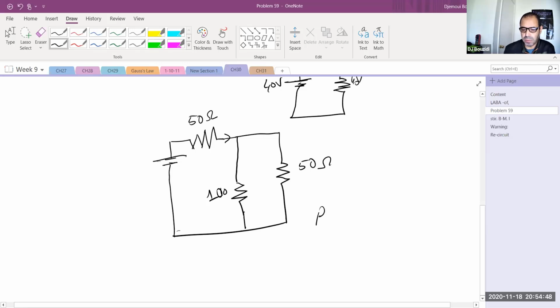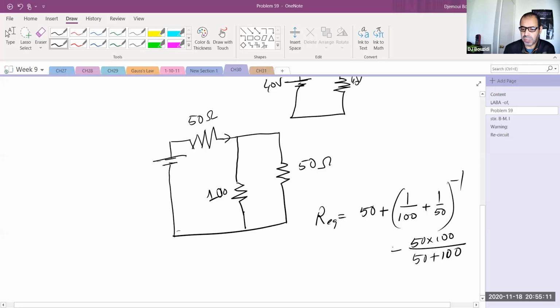So the R equivalent will be 50 ohms plus the inverse of the sum of the inverses. This will simply be equal to 50 times 100 divided by 50 plus 100, plus 50. So this is the entire R equivalent of the circuit at this point.